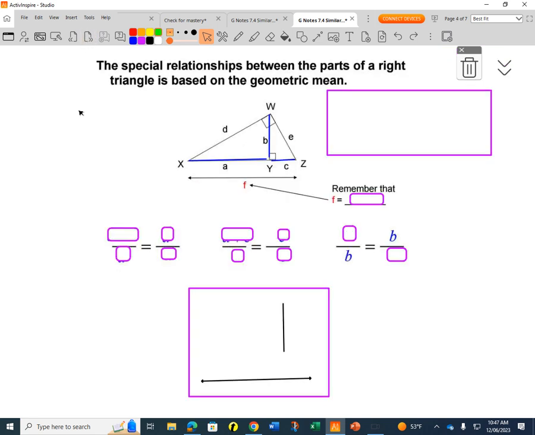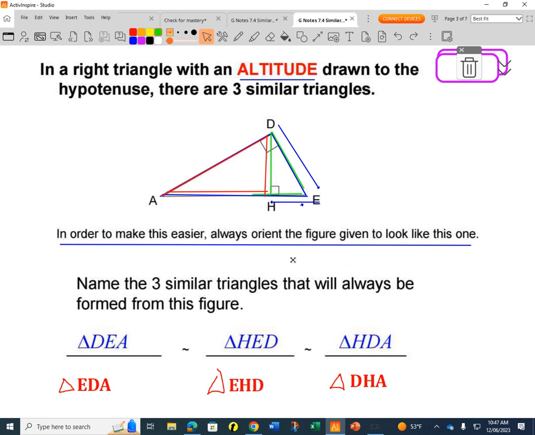Alright, now, there's a special relationship between the geometric mean, and there are actually 3 geometric means in triangles. Everything we're going to learn has to do with a big right triangle that we've drawn an altitude in, and we've created 2 other similar right triangles.